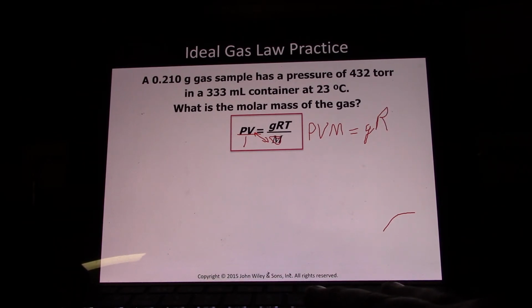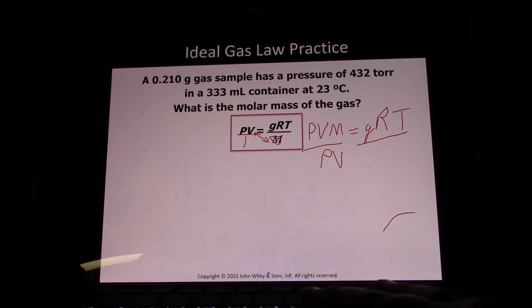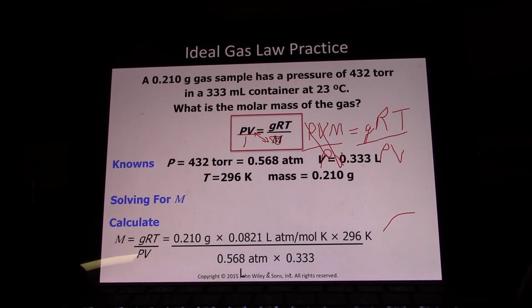Now to isolate molar mass, we divide each side of the equation by PV. And P divided by P is 1, V divided by V is 1, giving us our equation. And then we plug in 0.210 grams for the mass of the gas. R is always 0.0821 liter atmospheres per mole Kelvin times the Kelvin temperature. 23 Celsius plus 273 gives us 296 Kelvin.